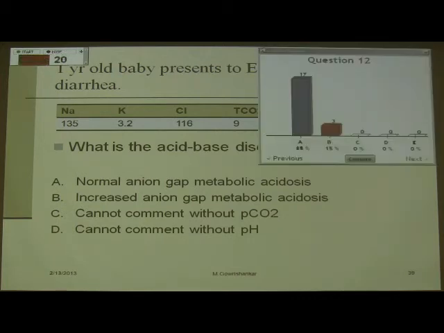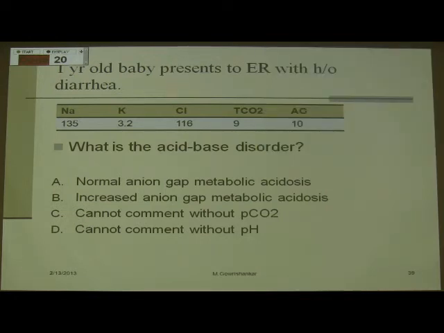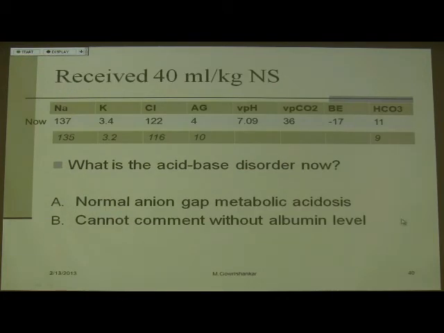Great. Okay, so it's normal anion gap metabolic acidosis. I'm not sure why somebody chose increased anion gap, maybe because the anion gap is at the upper limit of normal, but regardless. All right, so now what is the acid-base disorder in this baby? So received 40 mL of normal saline. This was the initial value. This is the value after the bolus.